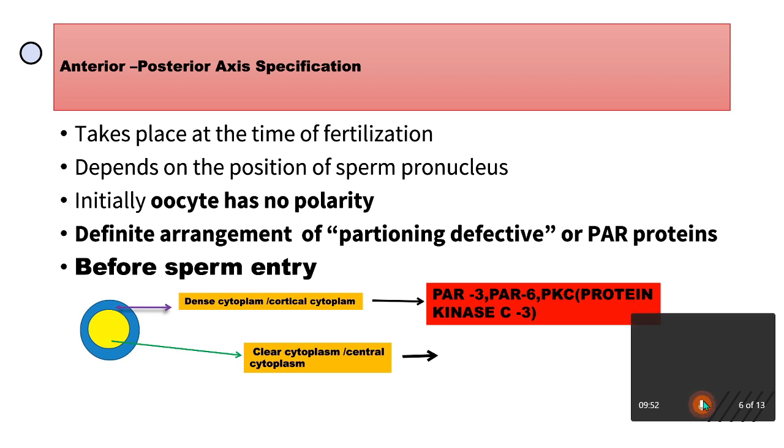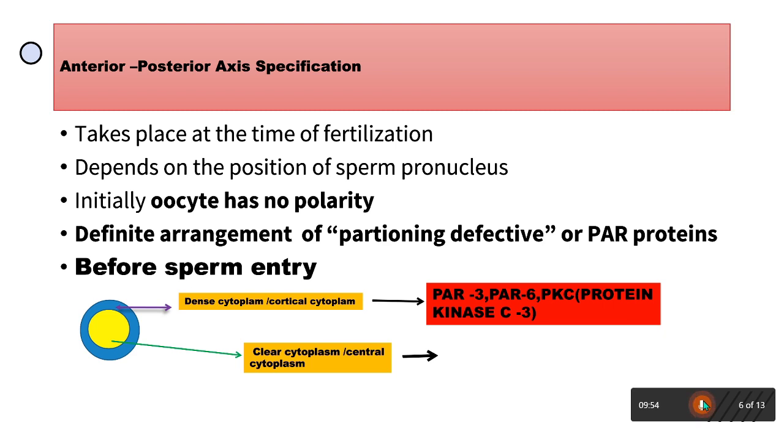And in the clear cytoplasm or central cytoplasm we can see PAR1 and PAR2. PAR1 and PAR2 have a tendency to enter into the cortical cytoplasm from the clear cytoplasm, but that entry is getting blocked.